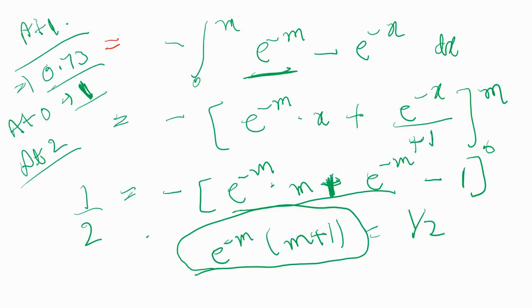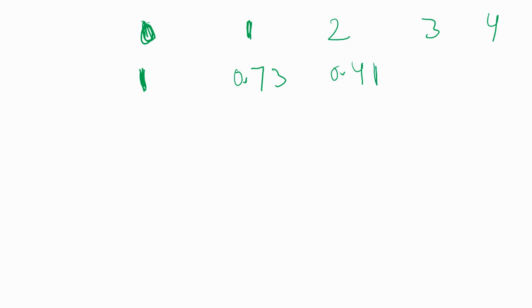Let me just make one table. At x = 0, 1, 2, 3, and 4: at 0, the value is 0; at 1, it is 0.73; at 2, it is 0.4; and at 3, it will be 4 divided by q, which is 0.19.